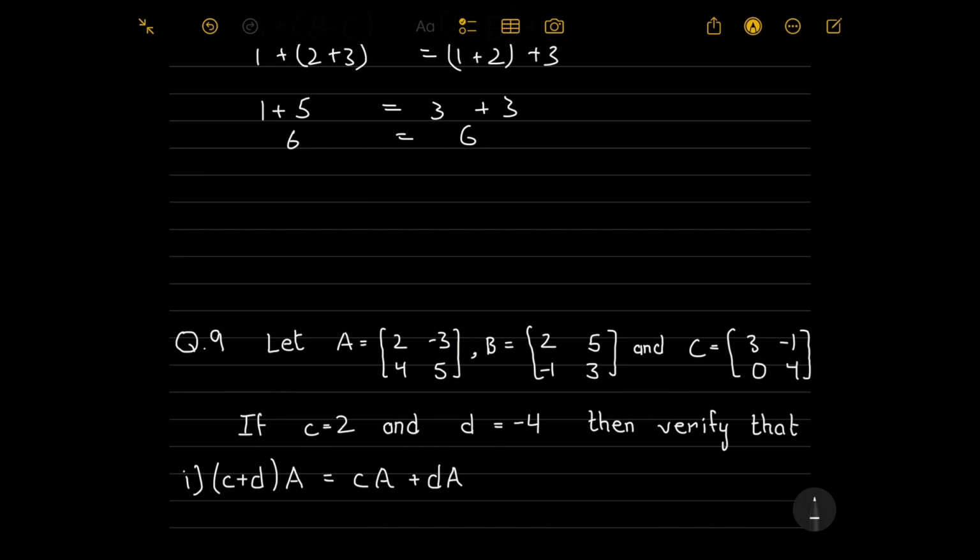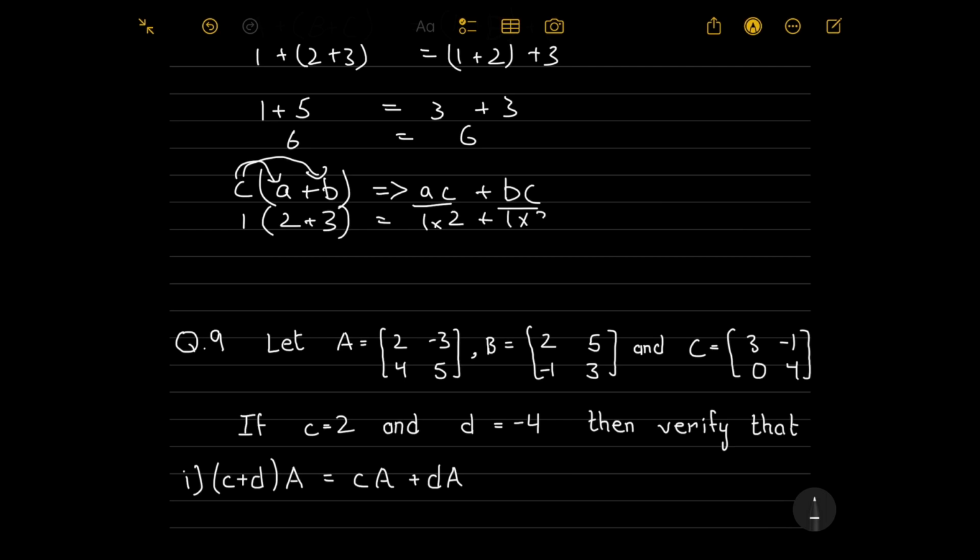As the name suggests, let's take this example: a plus b into c equals AC plus BC. So this would multiply with both, and it would be equal to AC and BC. Let's take values: 1 into 2 plus 3 equals 1 into 2 plus 1 into 3.